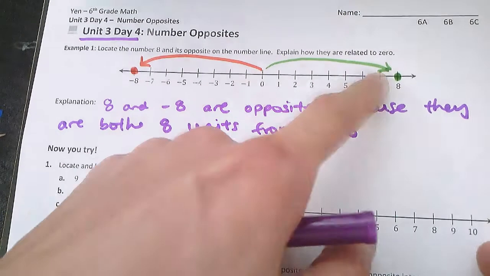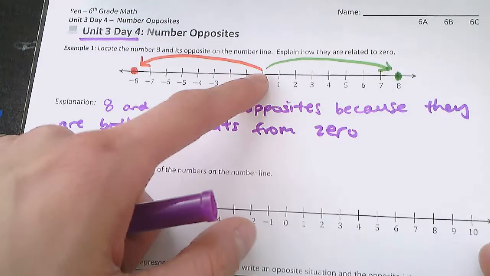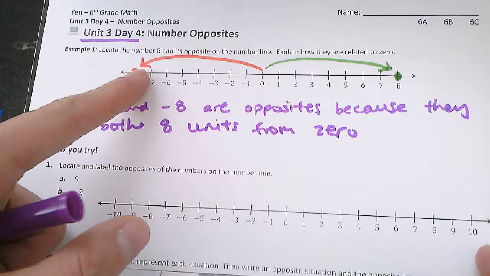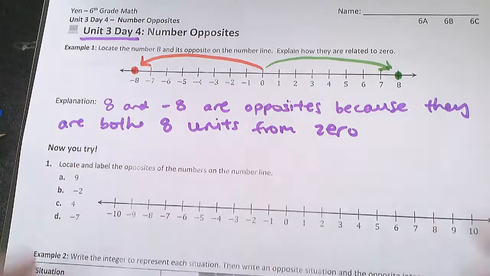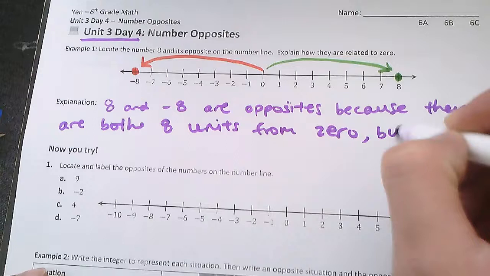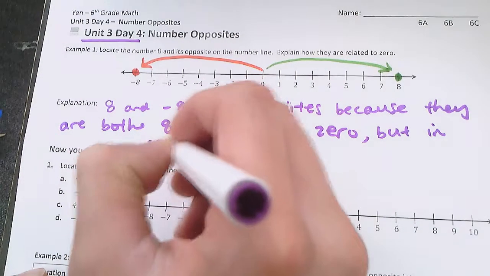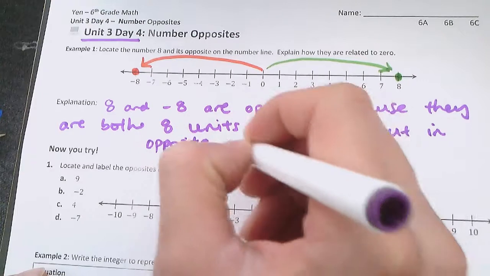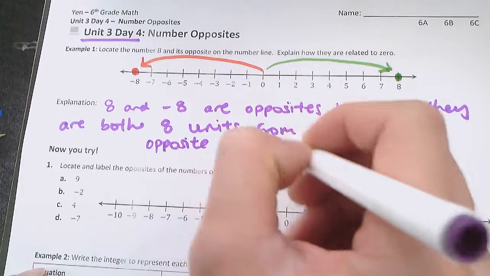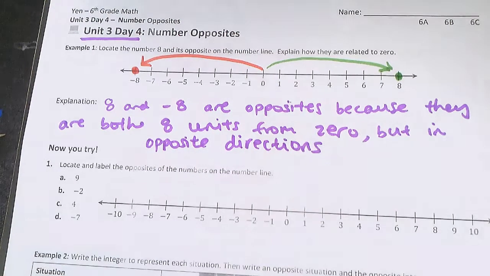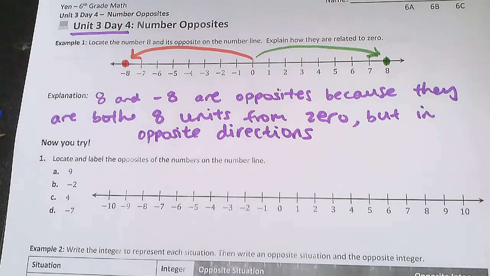This is 8 units from 0 this way. This is 8 units from 0 this way. So they're 8 units from 0, but in opposite directions. Okay, they're opposites because they're both 8 units from 0, but in opposite directions.